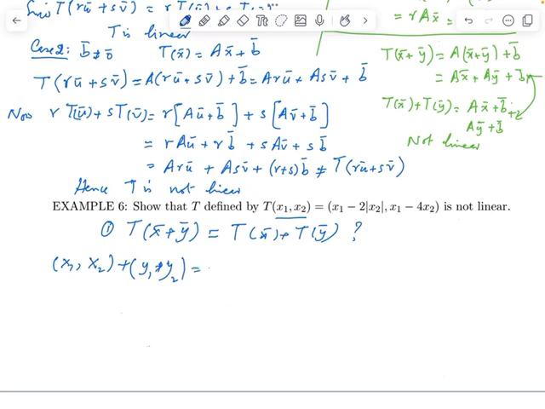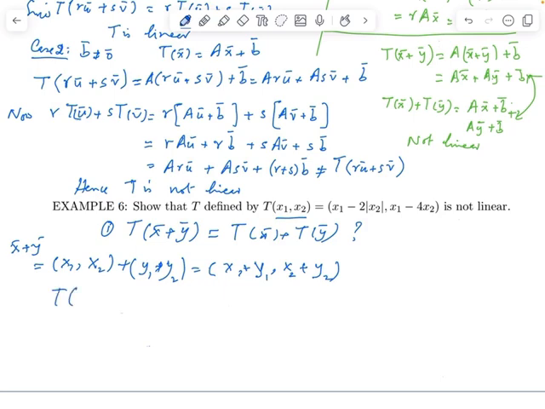So we end up getting x1 plus y1 as the first coordinate of the x plus y vector, and the second coordinate is x2 plus y2. So this is x plus y. Now I apply the transform on it.